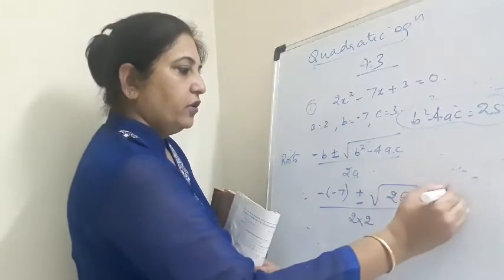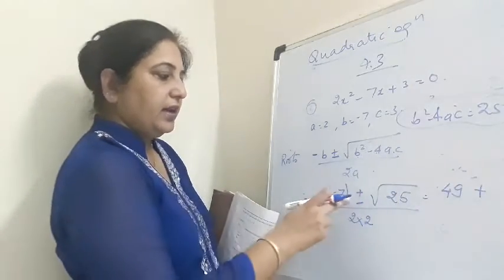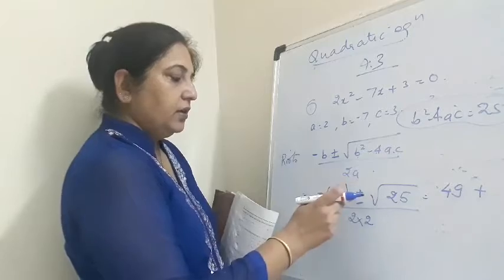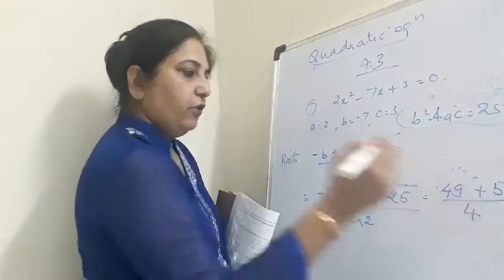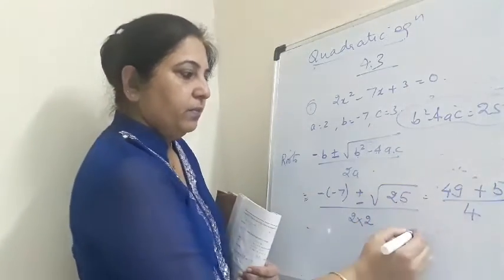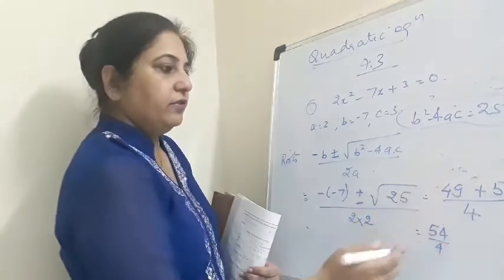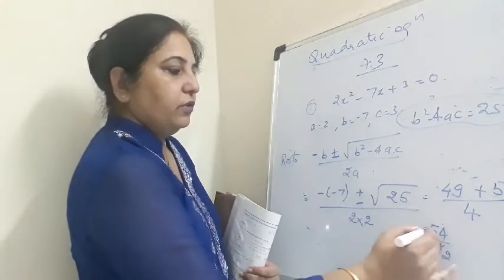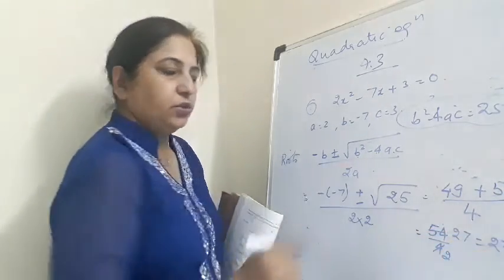Here you get 49 plus, I'll take up the first root and I'll take the plus sign. For the root of 25, I will write 5 upon 4. Now 49 plus 5 is 54. 54 upon 4. 2 2s are 4, 2 27s are 54. So one root is 27 by 2.